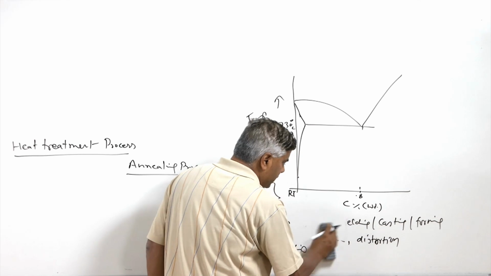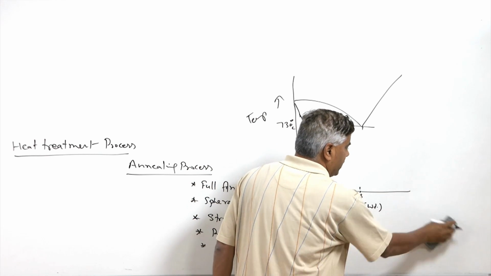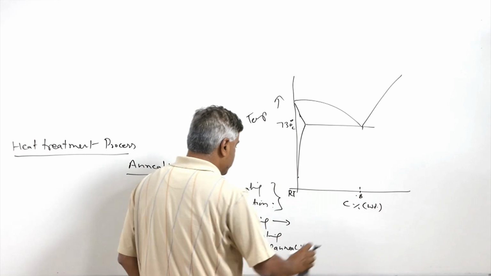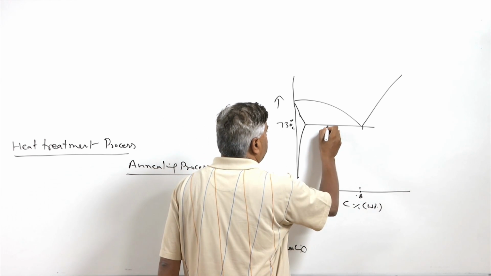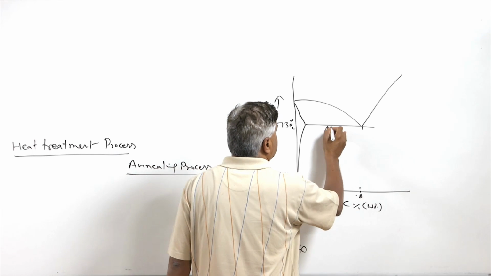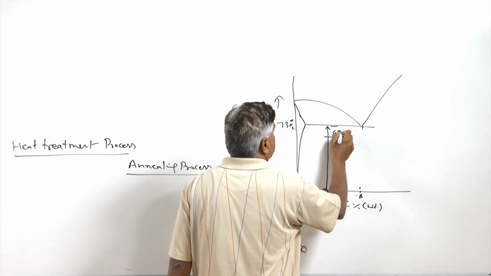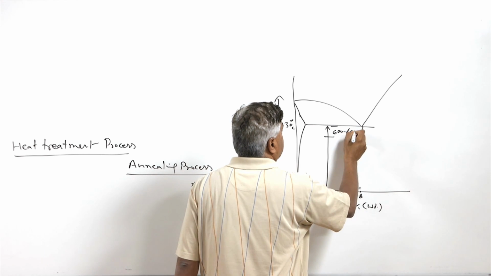So it becomes important to reduce the residual stresses induced by the manufacturing processes, and for that purpose normally the component is heated to a temperature just below the lower critical temperature. Normally 600 to 650 degrees centigrade is the temperature range used for stress relieving.